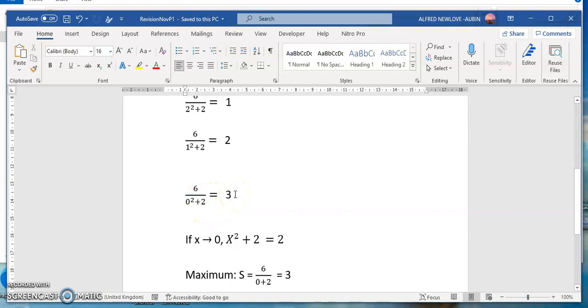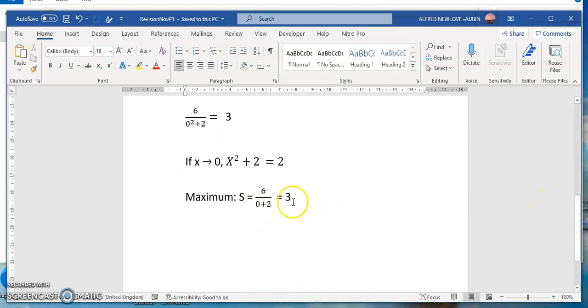And we want the maximum value. So if x approaches 0, the denominator will become 2, and the whole expression is going to be 3. So this becomes the maximum value.